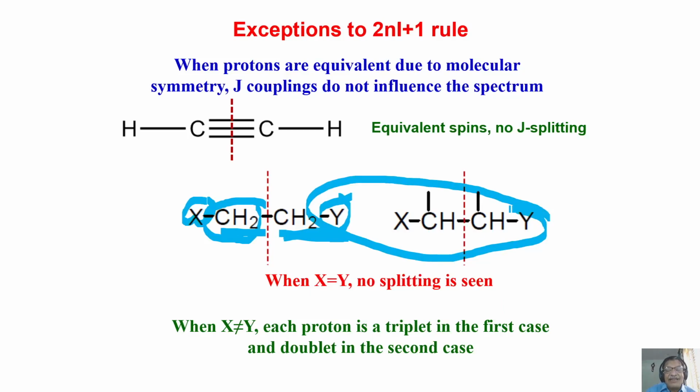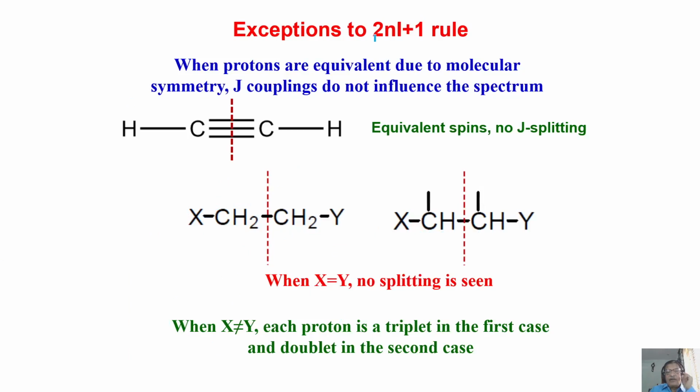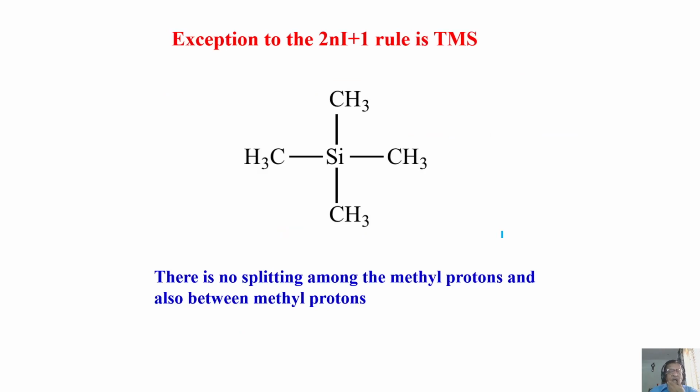You don't have to worry; simply say there is a perfect symmetry in this molecule. This proton cannot interact with this proton. There is no coupling, and it is not seen in the spectrum. So this is an example where you will not see the coupling among equivalent spins just by applying the 2nI plus 1 rule. Supposing X is not equal to Y here, what type of splitting do I get? I will now explain to you.